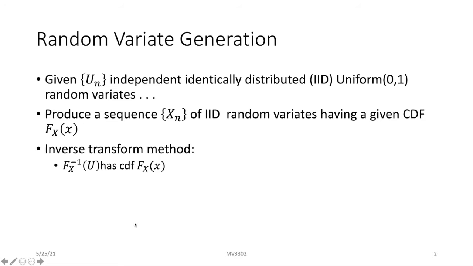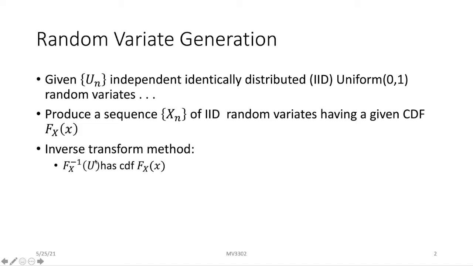As a reminder, random variate generation is about taking independent, identically distributed, uniform 0-1 random variates and producing a sequence of independent, identically distributed random variates that have a given cumulative distribution function, or CDF. The method that we have presented so far is the inverse transform method.